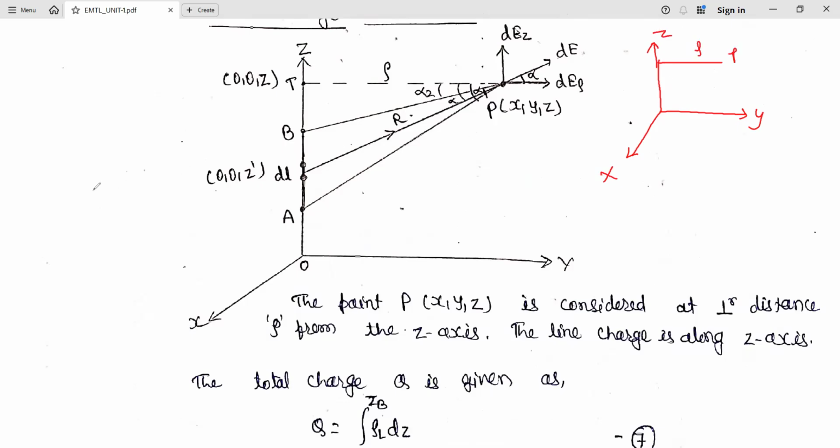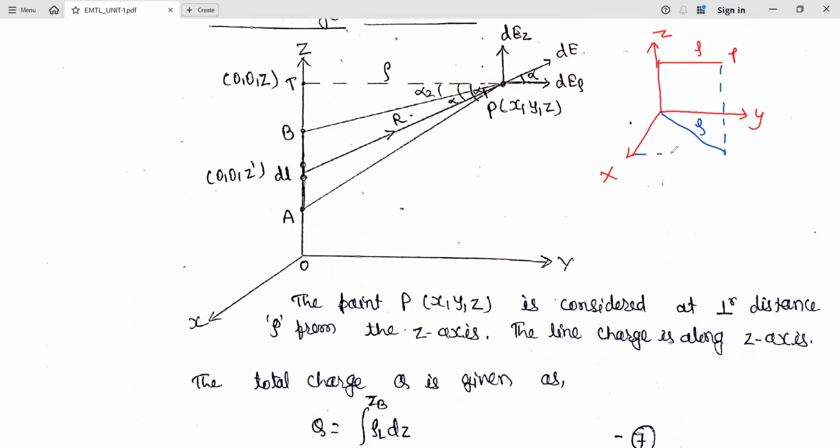So this one we are going to project onto the XY plane. So when we project this in the XY plane, in the three-dimensional view, this length also will be rho.